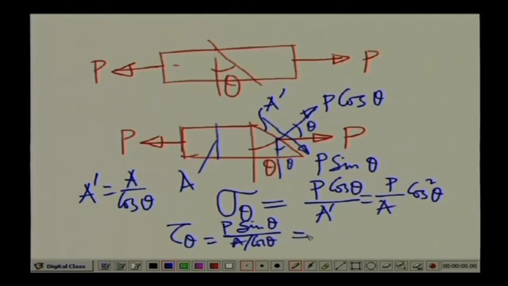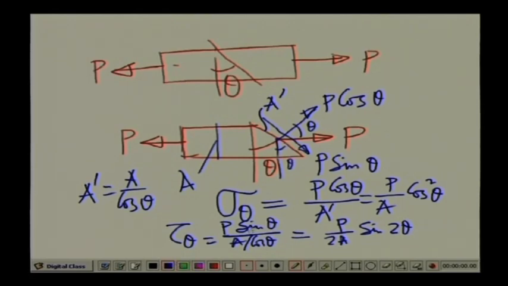So, this eventually is going to give us P by twice A sin 2 theta. So, these are the two stress components on this inclined plane. The normal stress is P by A cos square theta, and the stress which is parallel to the plane, which is the shearing component, is P by twice A sin 2 theta.